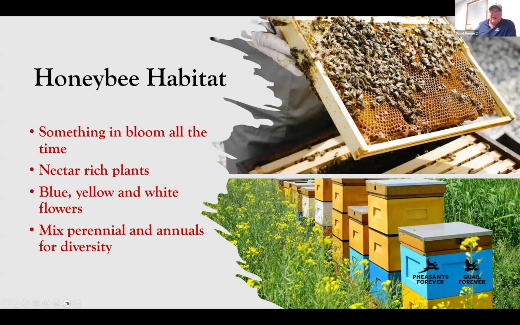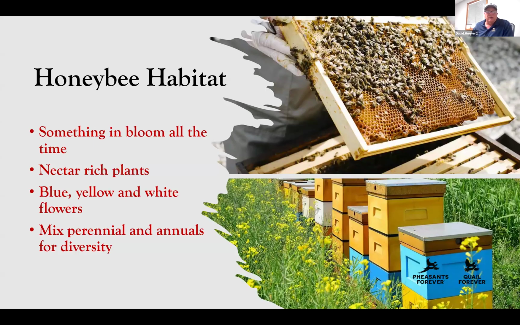Honeybee habitat. Well, we know they need floral diversity, but from a natural standpoint, we basically manage their house in these hives here, and the managed nests that are within those hives. So we're really looking at providing floral resource when it comes to honeybee habitat, and they need something in bloom all the time, nectar-rich plants.